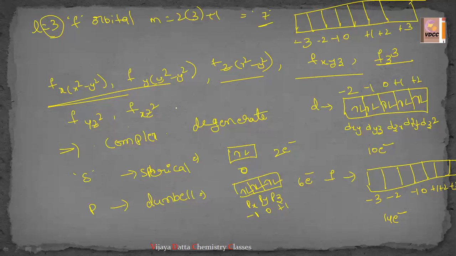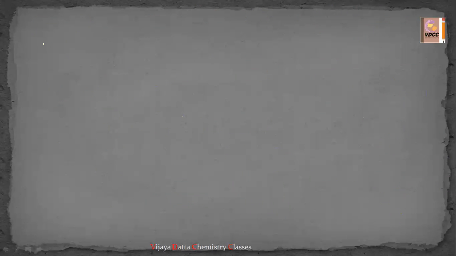Okay, now come to the next one, the spin quantum number. So what is the spin quantum number? We know the spin quantum number was proposed by Uhlenbeck and Goudsmit. They have given the clockwise spin and anti-clockwise spin to the electron. Let us see here.